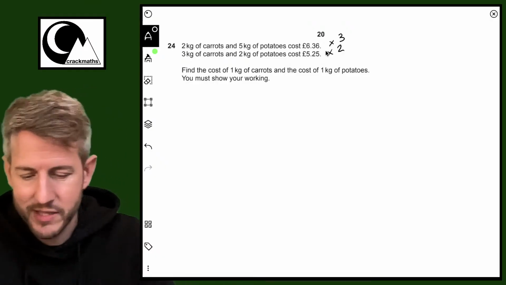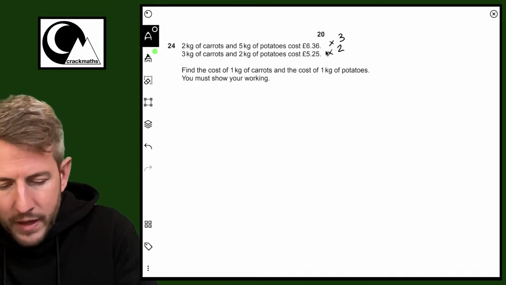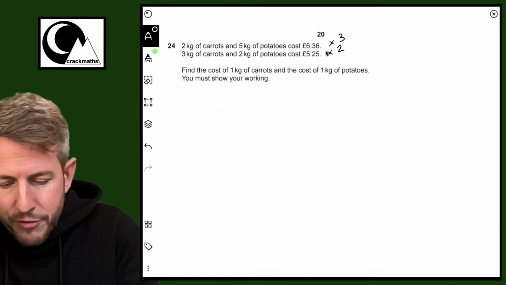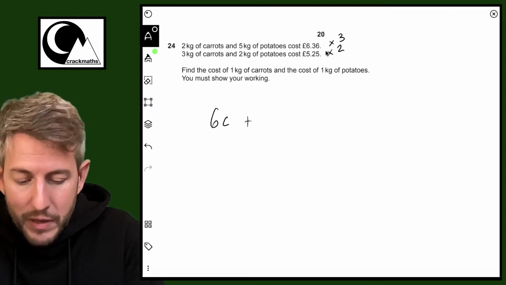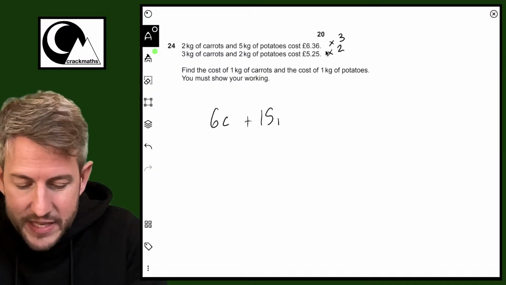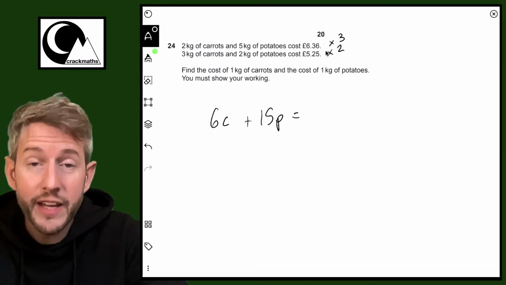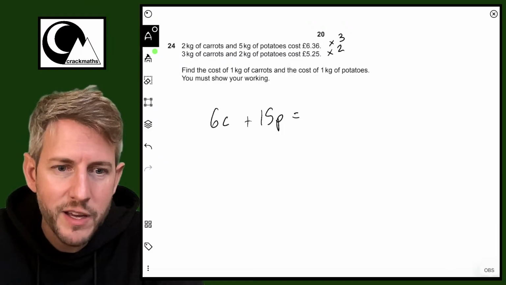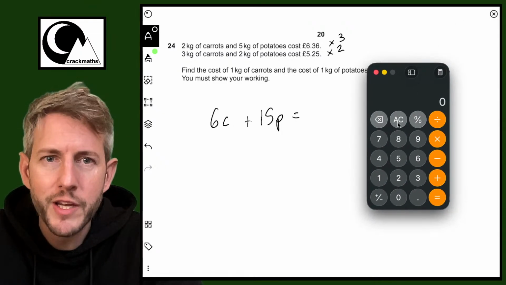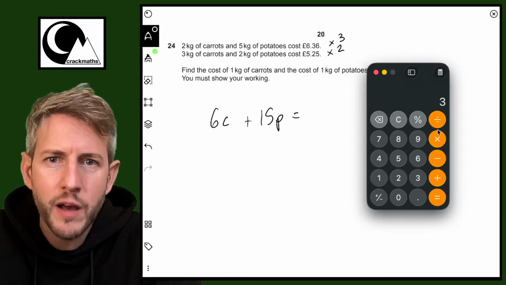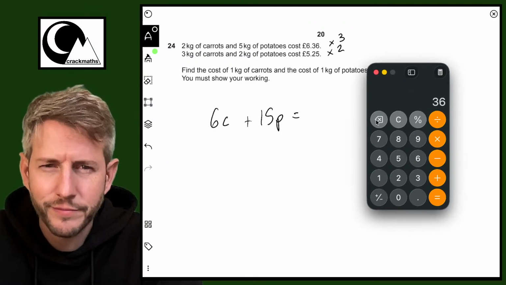So this top one is going to give me 6 kilograms of carrots, plus 15 kilograms of potatoes, is going to equal 3 lots of £6.36. Let's bring up the calculator for that. So here we go. 3 times £6.36.